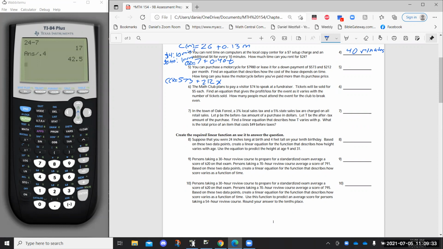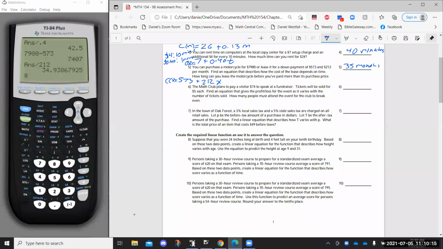So 79.80 minus 573 divided by 212 is going to tell me my X. And again, I can't get to the 35th month, right? I'm sorry, it asks how long you need to go before you're going to pay more. So I haven't quite paid more at the 34th month. So this is going to be 35 months.